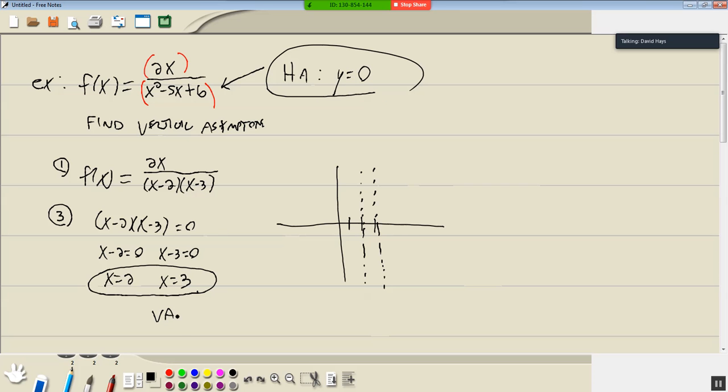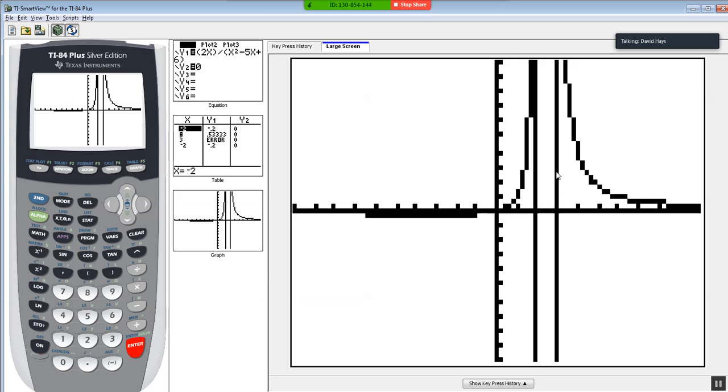Here we had our vertical asymptotes. And if we looked at our graph, you see how it's skimming? I don't know how to get rid of those vertical lines, but oh well. I know if I clear the entire thing, it'll disappear. But let me do that.